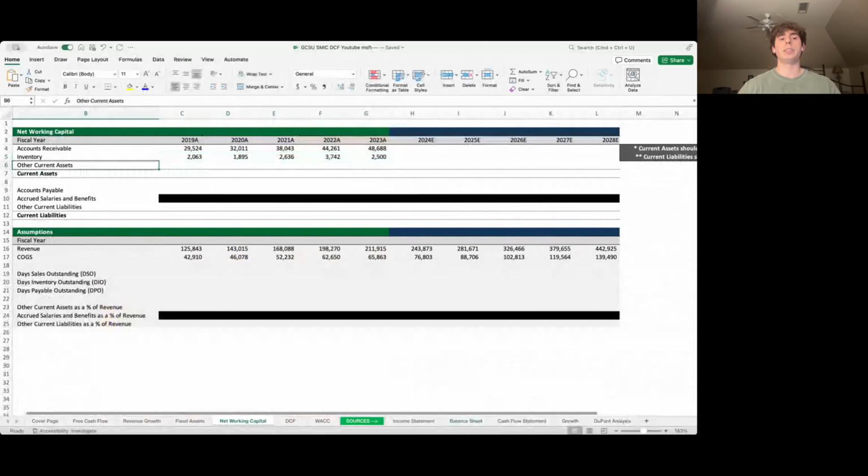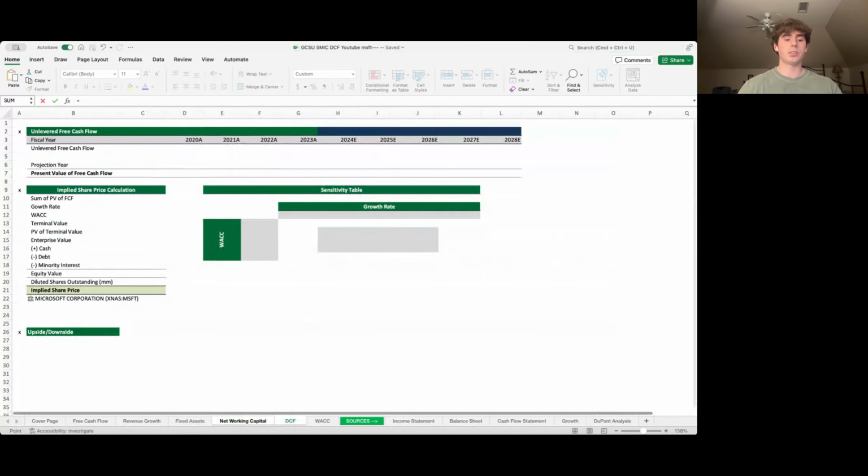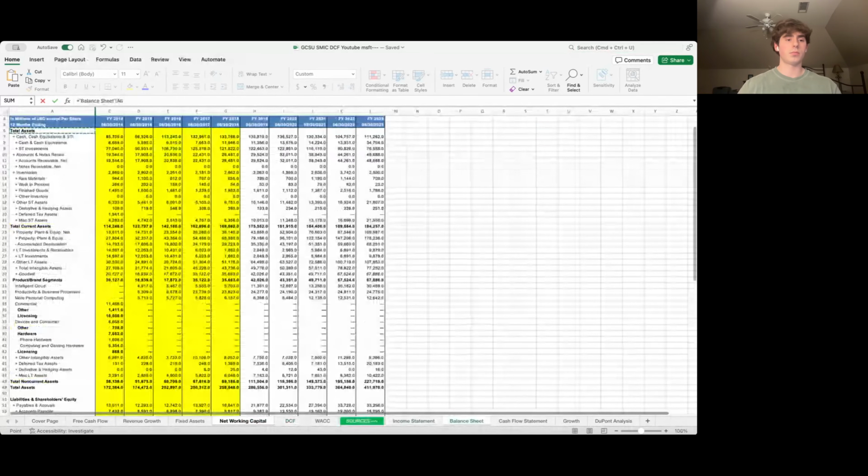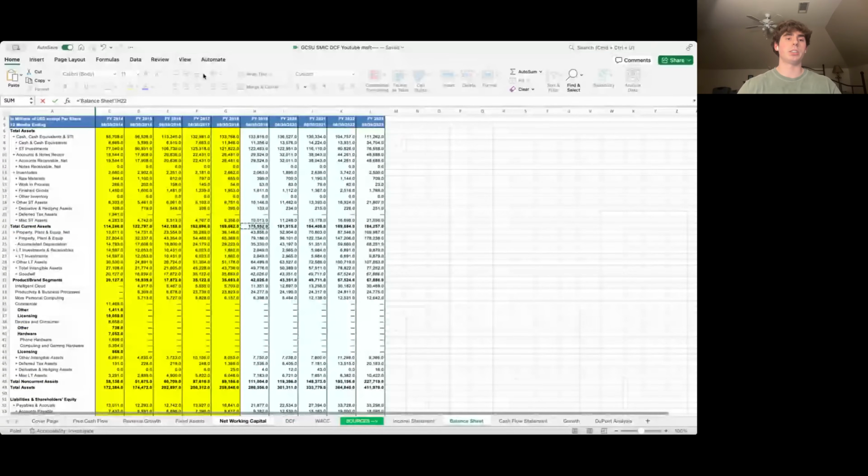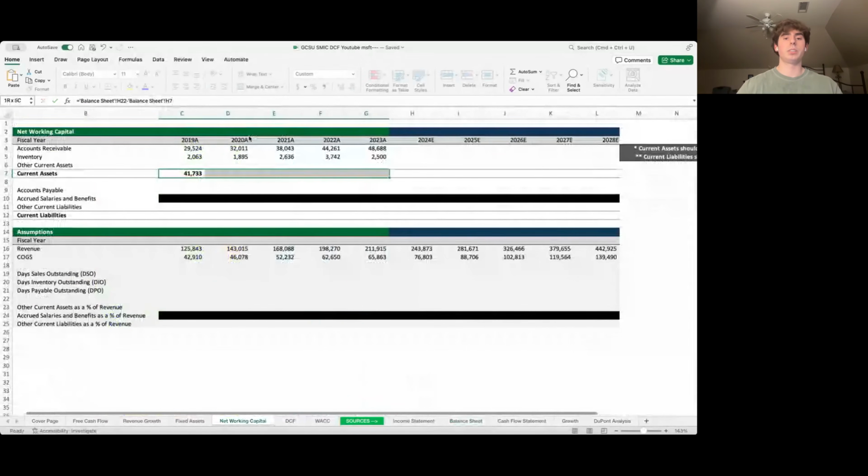We solve for this by taking the residual value between total current assets and these two line items. So fill in total current assets first. And then remember, with total current assets, we subtract cash and cash equivalents. Shift right, Command R. So then other current assets is total current assets minus these two line items.